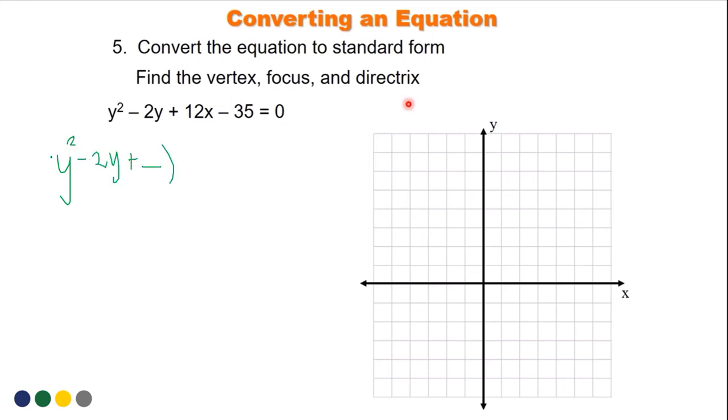It is always negative 12x plus 35 is equal to, so ganyan lang pala. Kasi we're following the standard form. So plus 35. Now, can you give me the last term? This is the format when it comes to parabola. This is different from the circle. So y squared minus 2y plus blank is equal to negative 12x plus 35 plus blank.